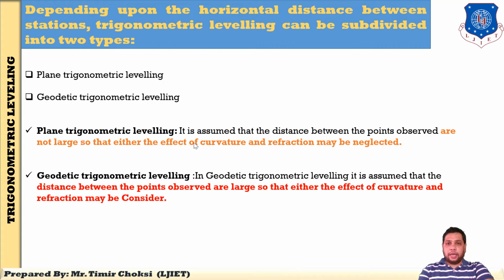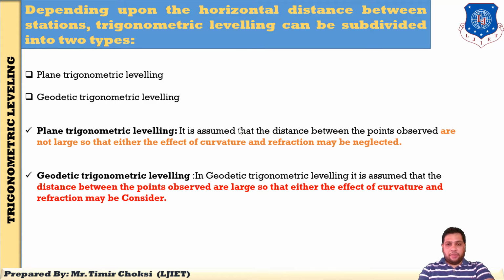You know that in plane surveying, as I have already explained in the introduction session, there are two primary divisions: plane and geodetic. In plane surveying, you consider the area up to 250 square kilometers and curvature and refraction are neglected.